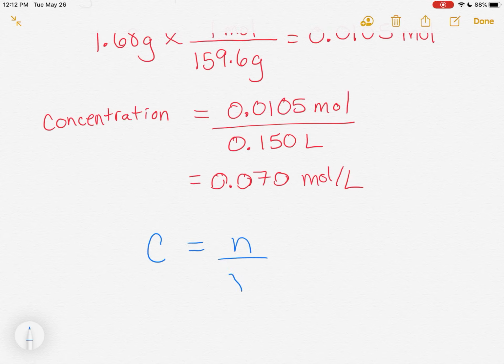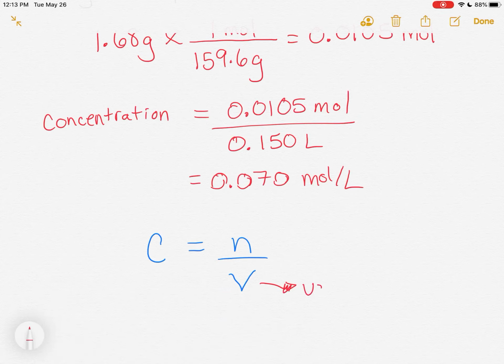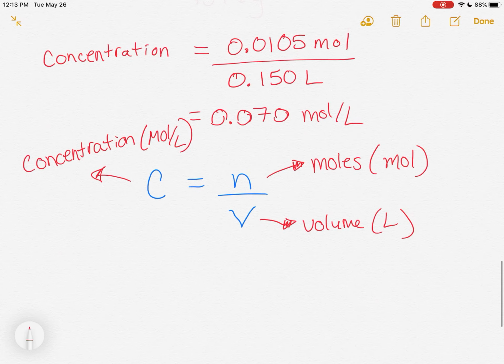So we use C is equal to N over V. And so in this formula, our V is, of course, for volume, which we know is in liters. N stands for moles, which the unit we know is MOL. And then C stands for concentration. And we know that that is moles per liter.